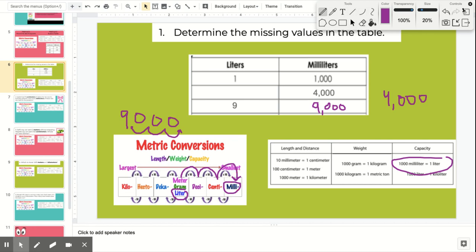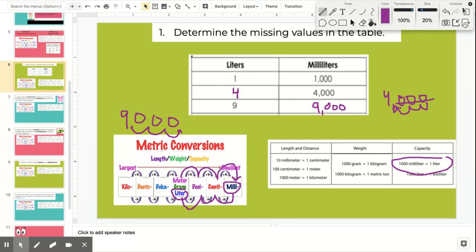I have to go to liter, so I got to go back to the middle. So that would be the same thing as dividing by 10 one time, dividing by 10 twice, dividing by 10 a total of 3 times, or really simply that means we are moving the decimal point to the left or backwards 3 times. So the zeros can drop away and the amount is 4 liters.